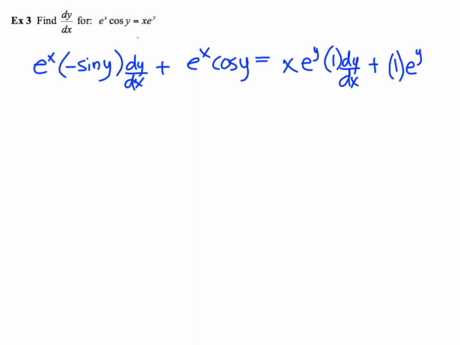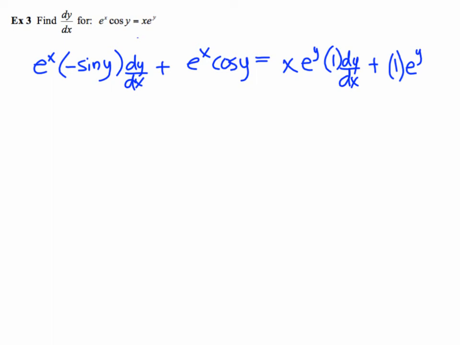And on the right hand side, leave the first term, take the derivative of e to the y dy dx. Derivative of x is 1, e to the y.